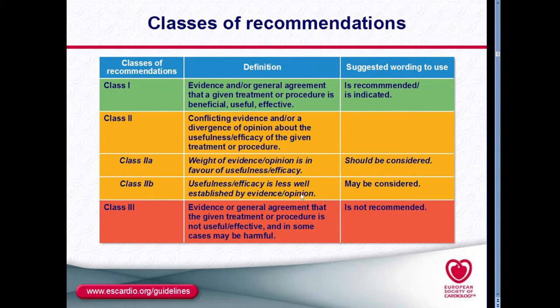And class 2b may be considered as well when the usefulness, efficacy is less well established by evidence opinion. And at last, class 3 of recommendations means this method, this treatment is not recommended, when there is evidence or general agreement that the given treatment or procedure is not useful, effective, and in some cases may be harmful.